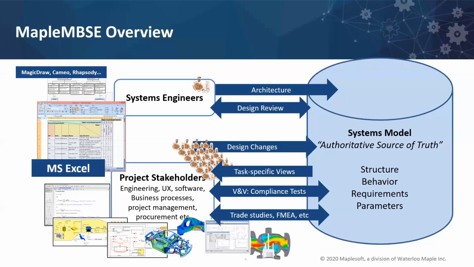So any change the system engineer makes is also reflected in the view the stakeholder has. Changes that the stakeholder makes are again saved to the centralized system model, which the system engineer also has access to. So everyone interacts with the same information, the most recent information that's available in the system model.